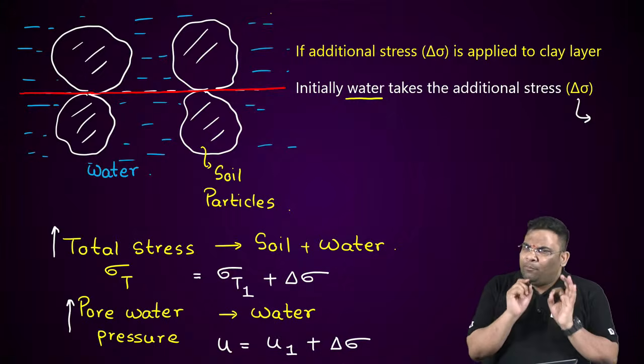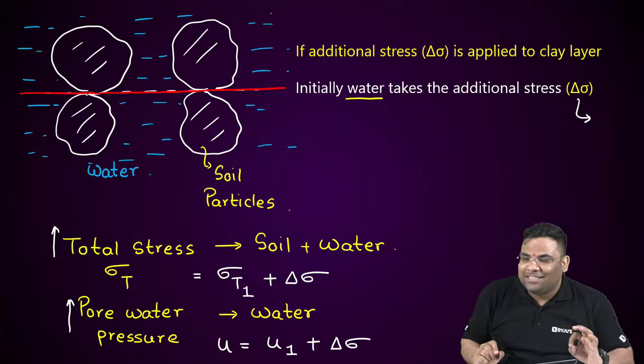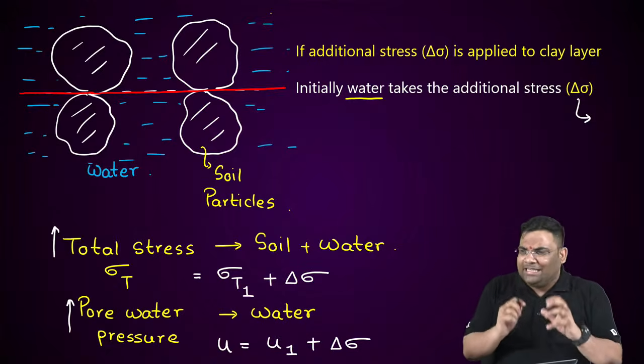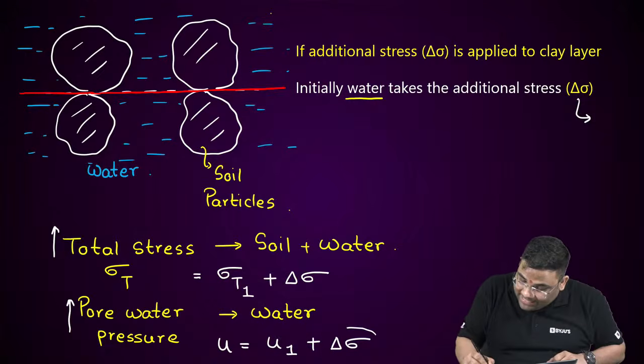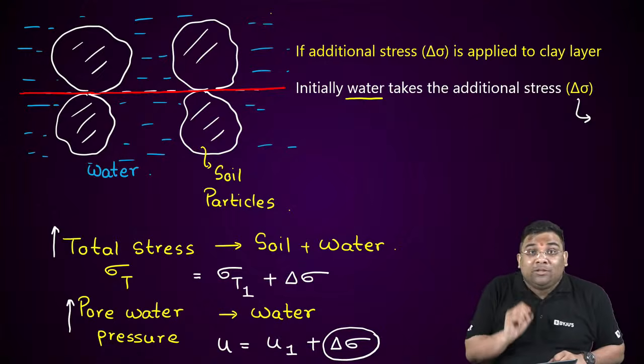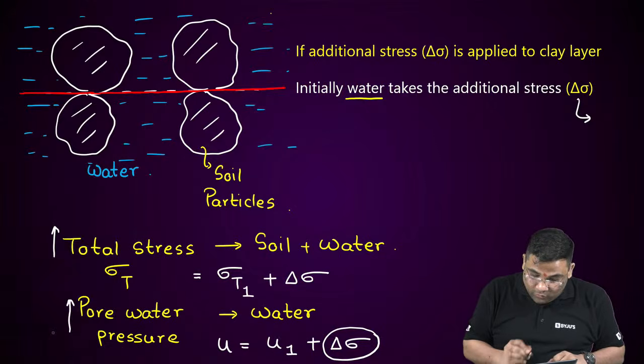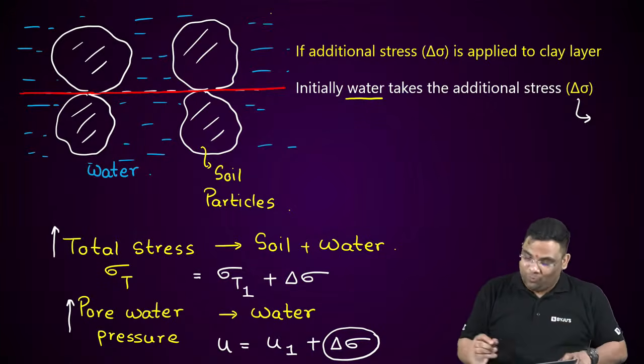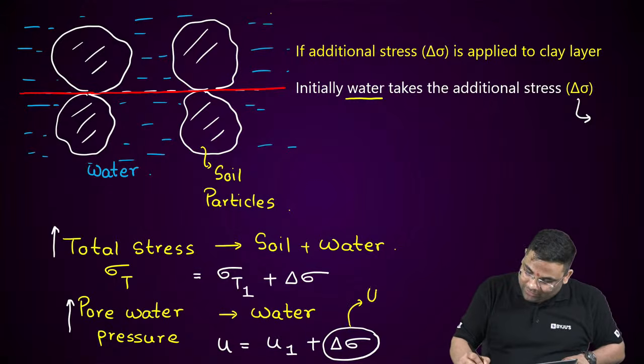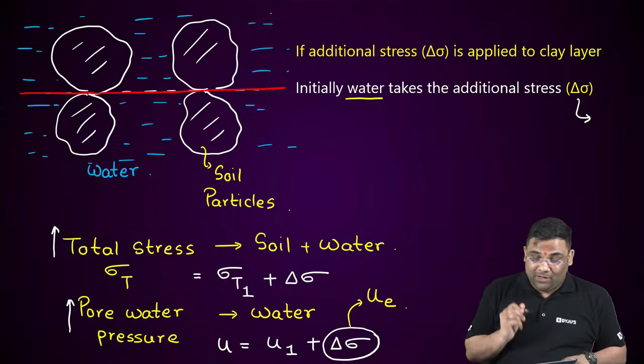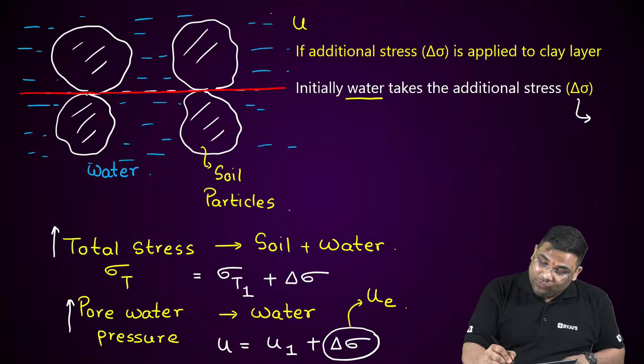And you see the pore water pressure increased, right? Yes, the pore water pressure increased by how much amount? Delta sigma. And this pore water pressure is known as what? Excess pore water pressure. So I'll call this UE. And what is this UE? This UE is the initial excess pore water pressure.